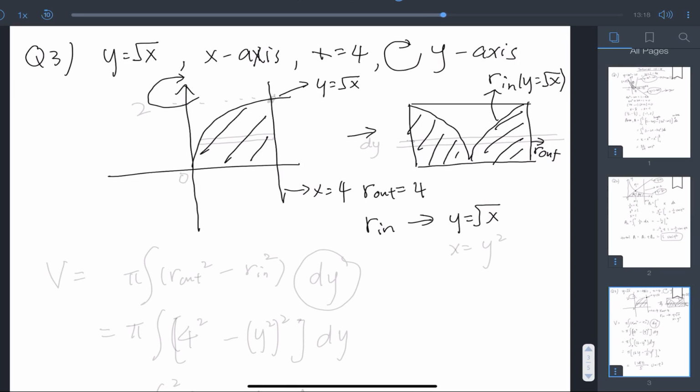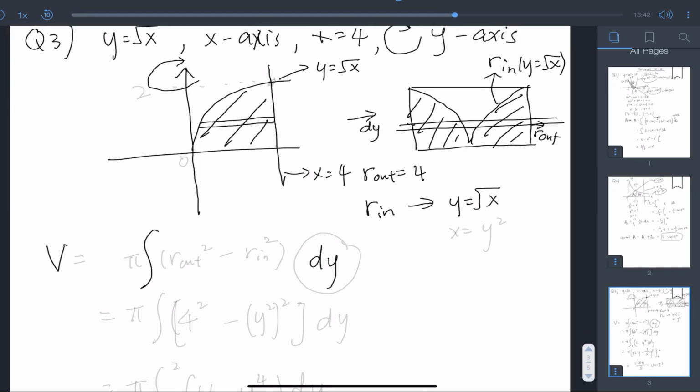So now let's take a small piece of this. We cut this whole piece horizontally with a small piece of dy.